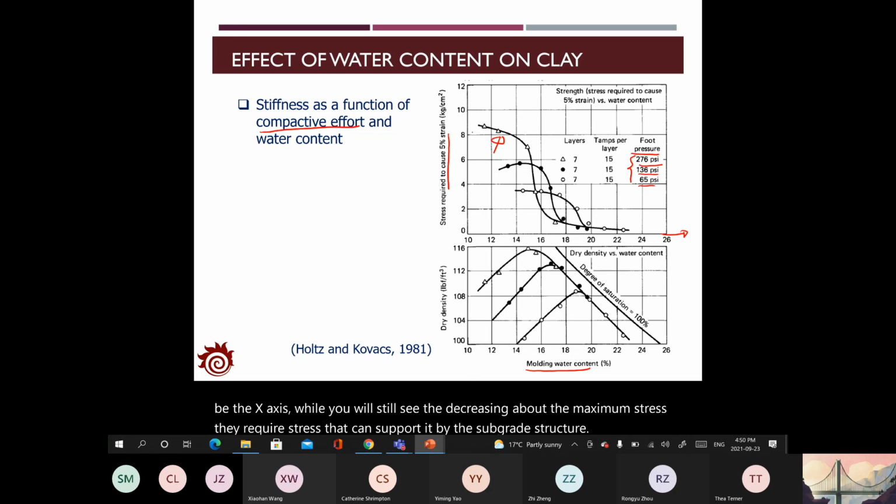With that, we can consider that one way for us to improve the property or the features of the subgrade layer is to increase the compaction effort, applying a higher load to compact the subgrade soil. But the water content is still a significant factor.